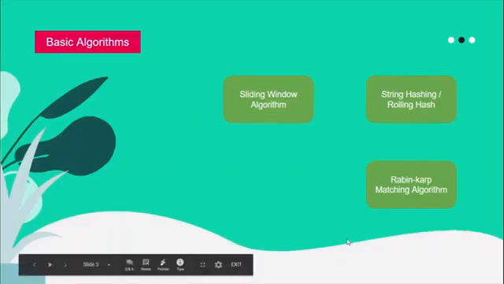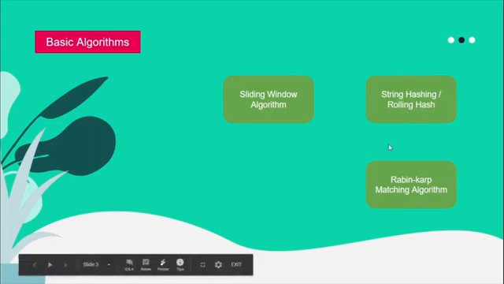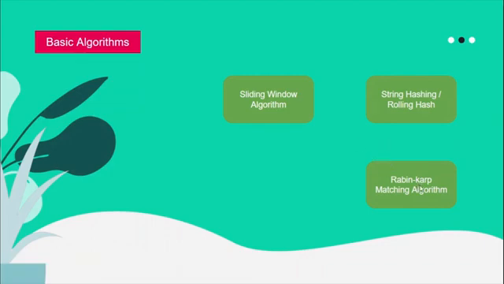So enough of that, let's continue with the lecture. In basic algorithms we'll be covering these algorithms. Some of you might be thinking why I have kept the Rabin Karp matching algorithm in basic and not in intermediate level algorithms.